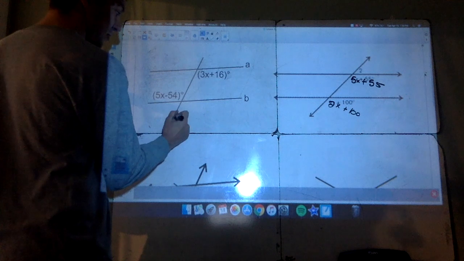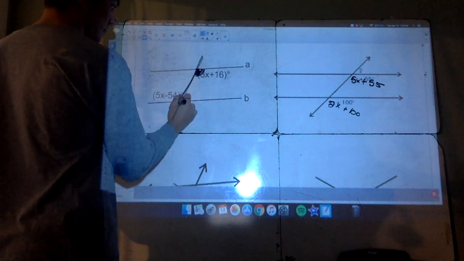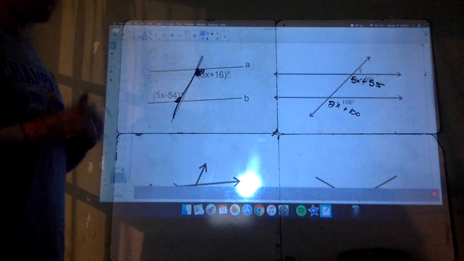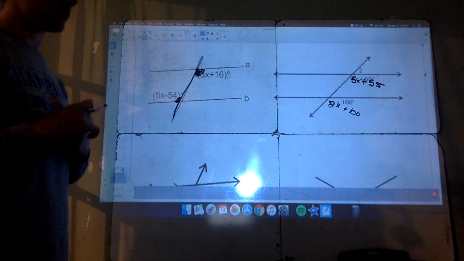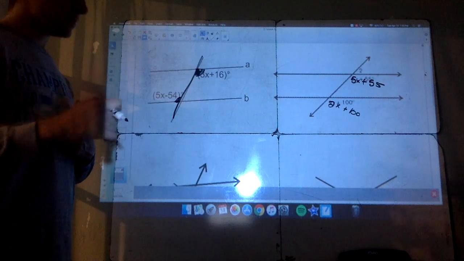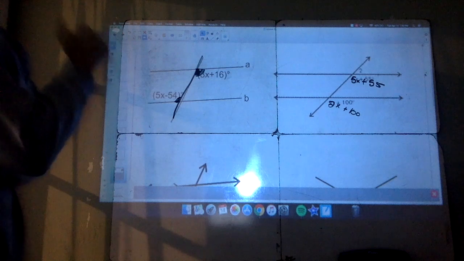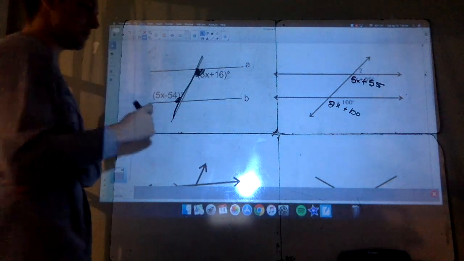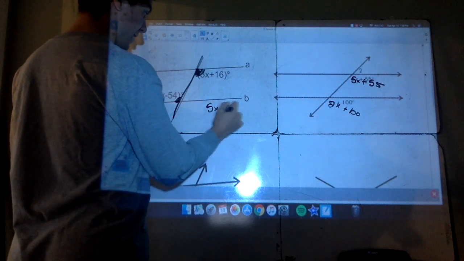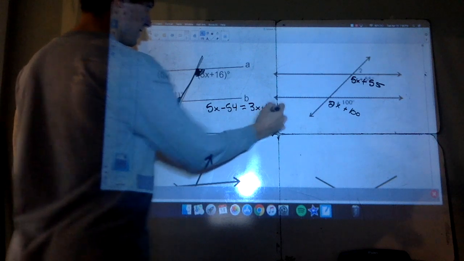So these angles, we have our transversal, and we have one angle, two angles. Now, what is the relationship between those two? Are they congruent? Do they add to 180 or do they add to 90? So if you said they add to 180, you are incorrect. If you said they are congruent, you would be correct. So our equation we're going to write here is 5x minus 54 equals 3x plus 16.